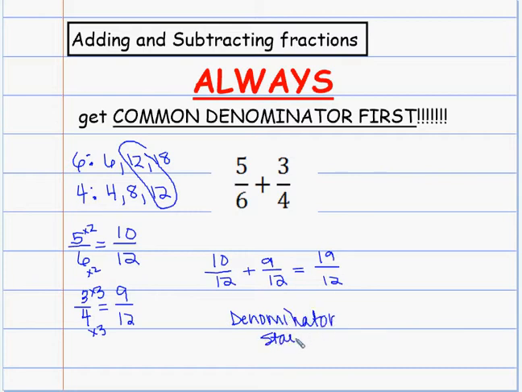Don't confuse that with having to get a common denominator. Once the denominators are the same, you don't change them when you add. We have more pieces, but they're still all the same size. Now 19/12 is improper, so you need to change that. Divide 19 by 12 and you get 1 and 7/12. So the sum of 5/6 and 3/4 is 1 and 7/12.